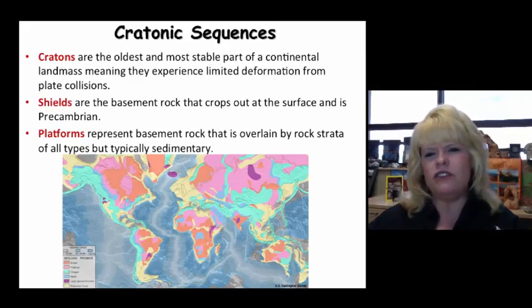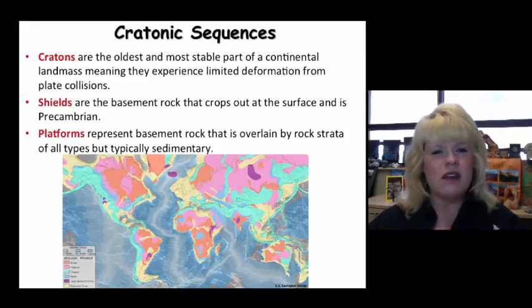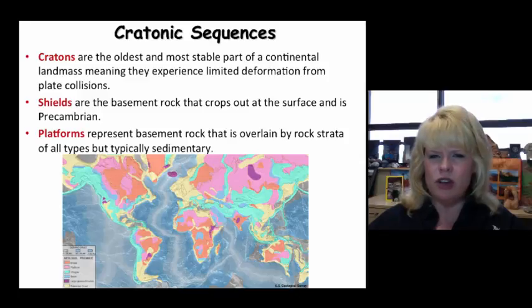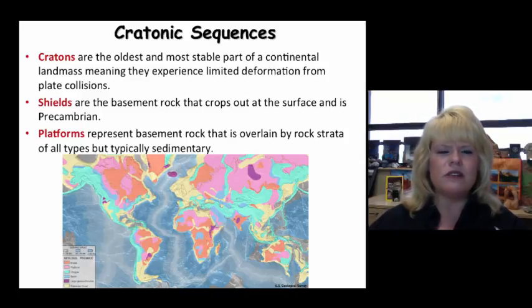All right, a couple of things that you're going to need to know that you may not have ever seen before. Some words that are common in your textbook in any historical class is the word cratons. Cratons are the oldest and most stable parts of a continent landmass, meaning they've experienced very, very little deformation from being squashed or ripped apart, either from plate collisions or divergent plate situations.